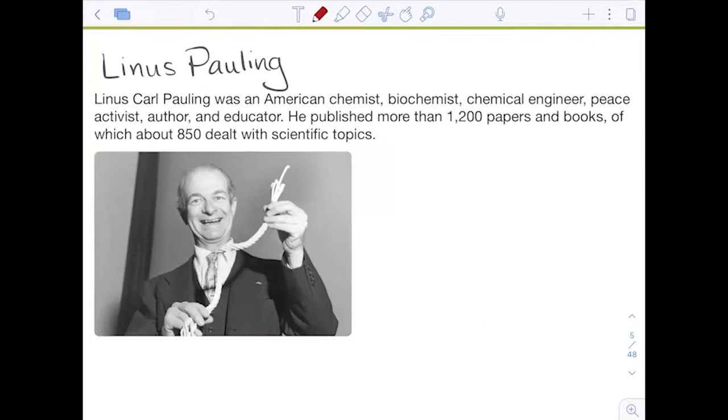One of his most important contributions was his book, The Nature of the Chemical Bond. Now, I just want to give you some history of this amazing man. He won a Nobel Prize in chemistry in 1954 for his work on bonding and understanding bonding.